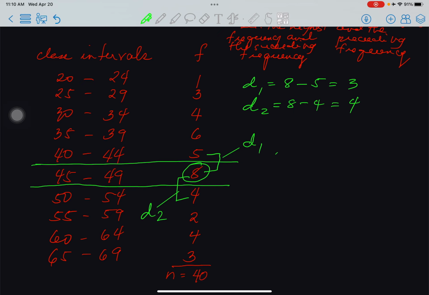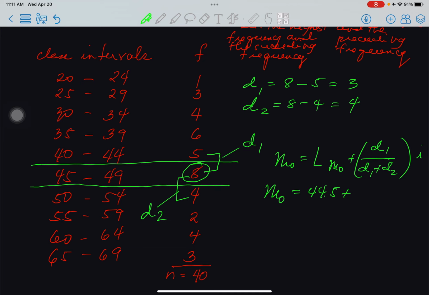So our mode is equal to the exact lower limit of our modal class plus d sub 1 all over the sum of d sub 1 plus d sub 2, then multiplied by our class interval. The exact lower limit of our modal class is 44.5, plus our d sub 1 is 3, so we have 3 all over d sub 1 plus d sub 2, which is 3 plus 4, then multiplied by our class interval, which is 5.